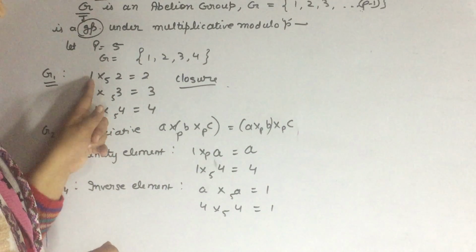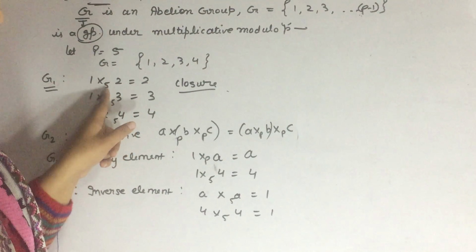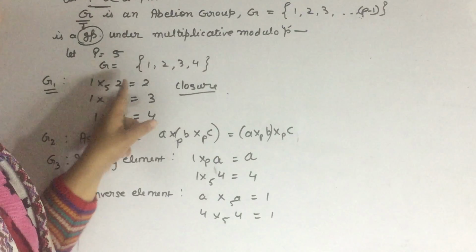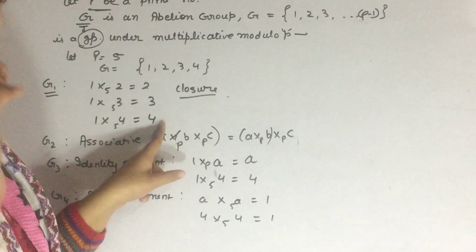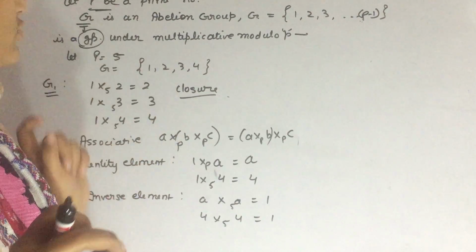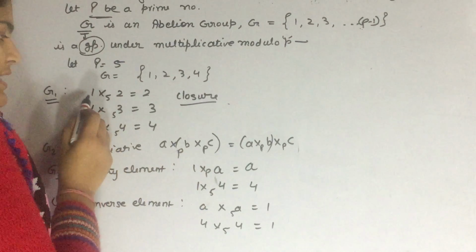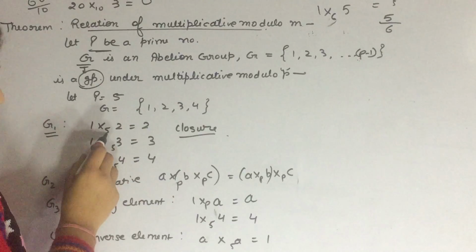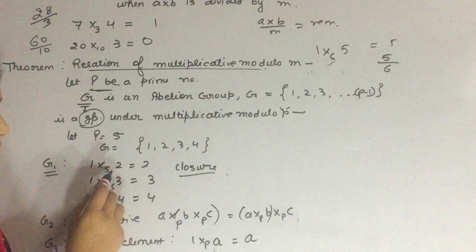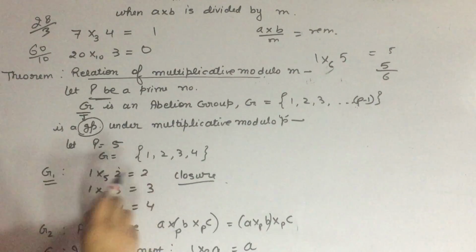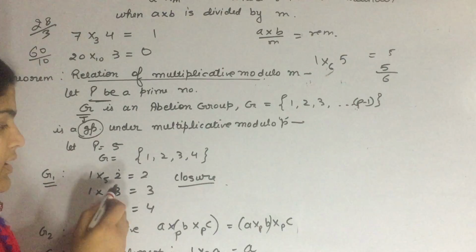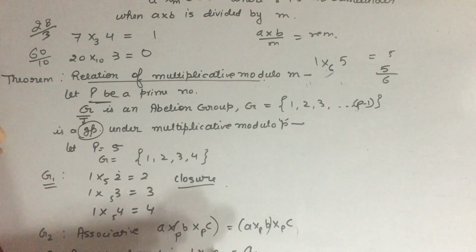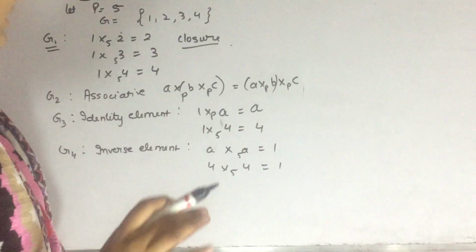When you find the multiplicative modulo of a and b with respect to p, you have to get a number which belongs to this G. So let us suppose 1 by 2 with respect to multiplicative modulo of 5. 2 ones are 2, 2 by 5, remainder is 2, remainder is 3, remainder is 4, and so on. So it follows the closure property.